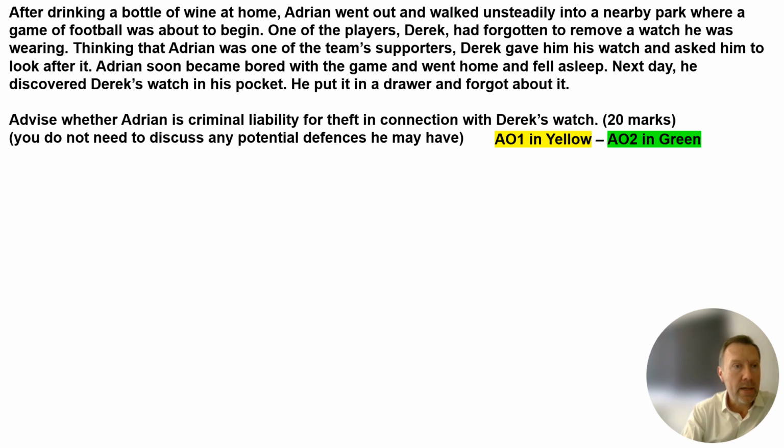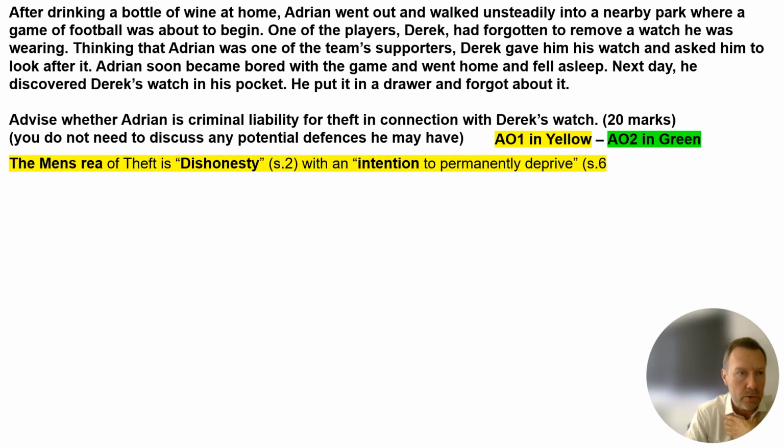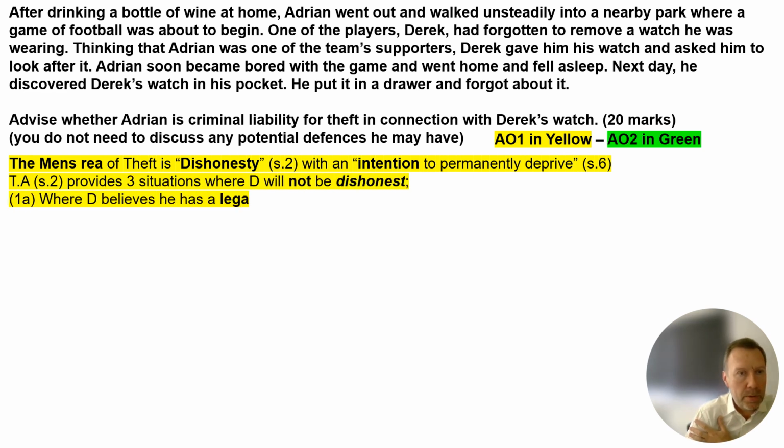Okay, so it then allows us to move on and go, okay, well, what's left is the mens rea, isn't it? We do the mens rea next. So you think about section 1 again, and you say, oh yes, it began with dishonesty under section 2, and the other mens rea element was this intention to permanently deprive under section 6.